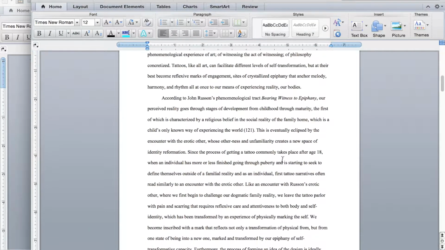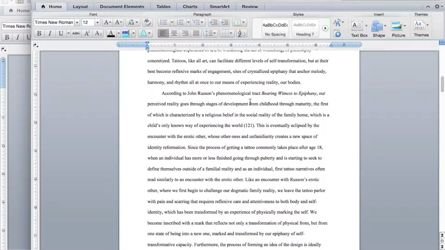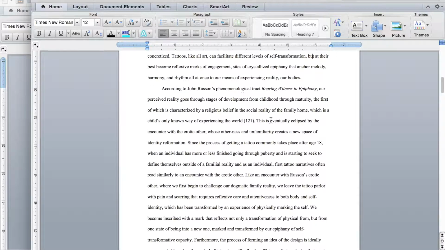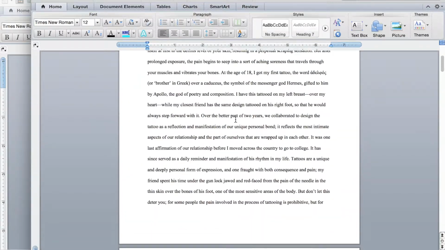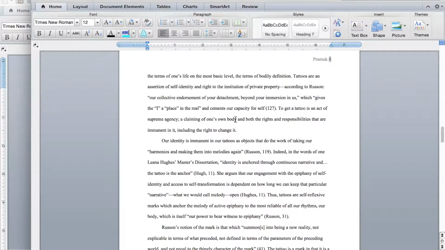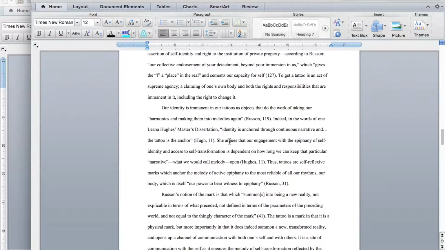Be sure that if you're engaging with various texts outside of just a single author, especially if you're engaging with a peer-reviewed paper or something like that, that instead of just quoting directly from them, like in this case, I use a dissertation by a woman named Leanna Hugh, and instead of quoting her on all that I want to carry over, I do quote her some.